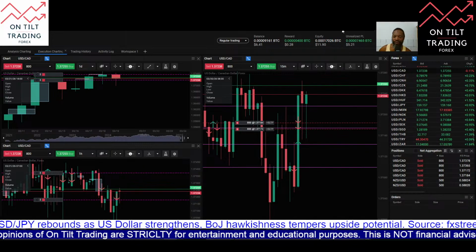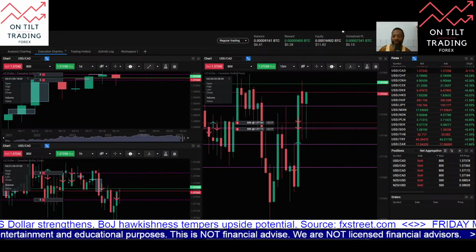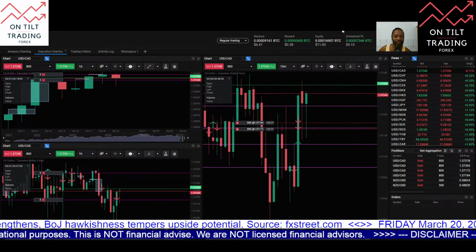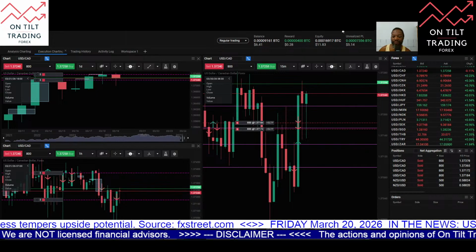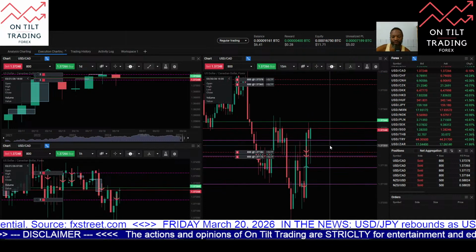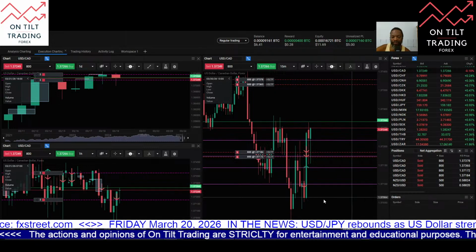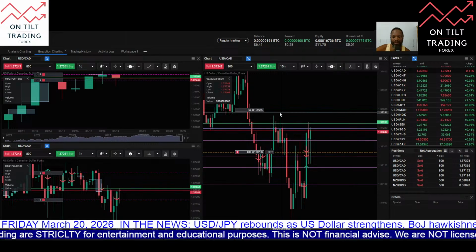But I'd prefer not to micromanage or to be glued to my screen too much. So since this is taking a while to show its hand, I'm going to let it play itself out here. Currently my stop loss is up here.